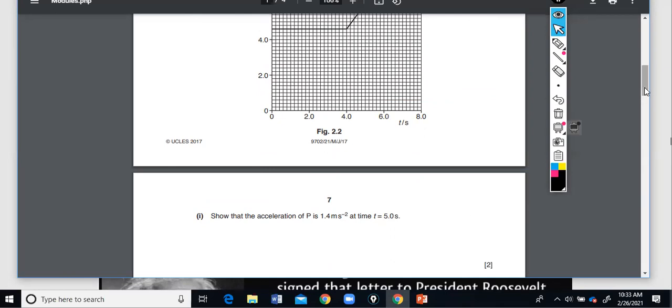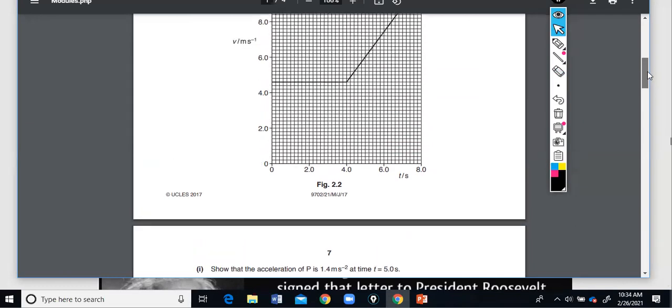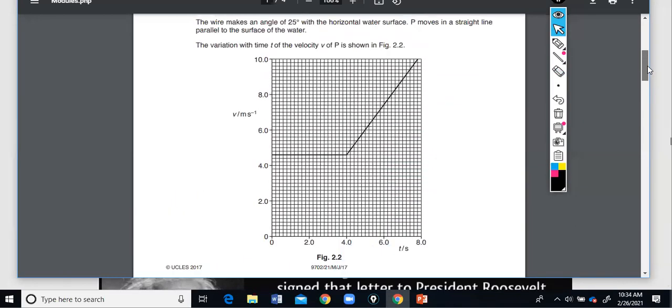Let's first extract what we need out of the plot. Let's look at 5 seconds and see what information we can glean from the figure there. And they tell us the answer, show that the acceleration is this value. The one thing to keep in mind is that acceleration, when we're looking at a velocity time graph, is the gradient, is the slope.